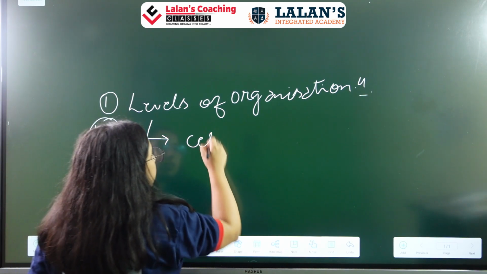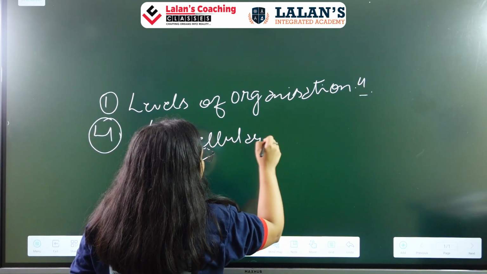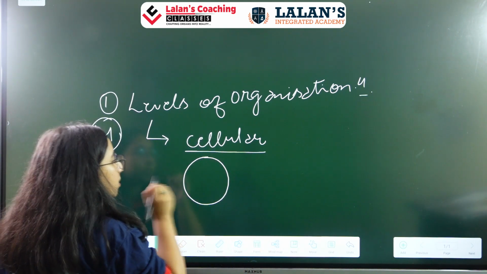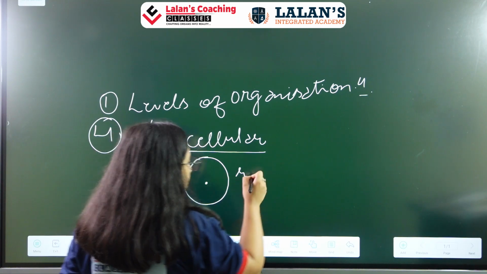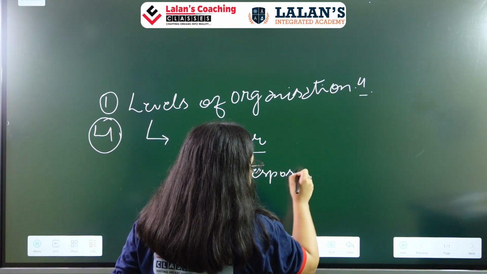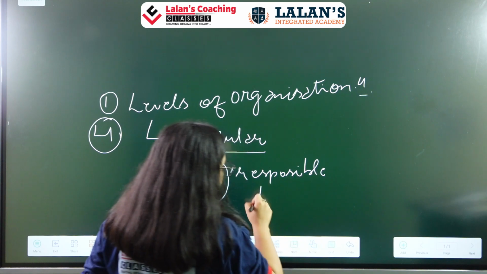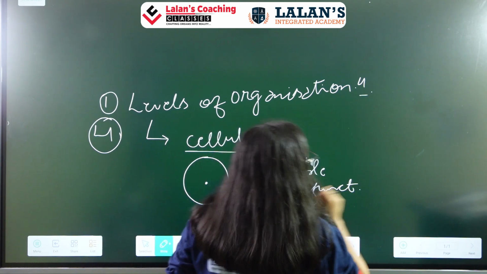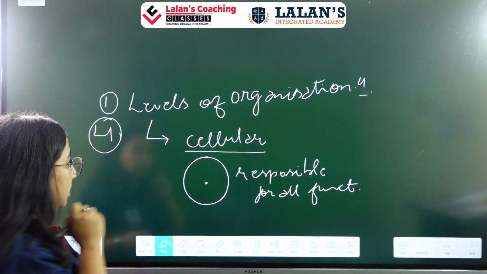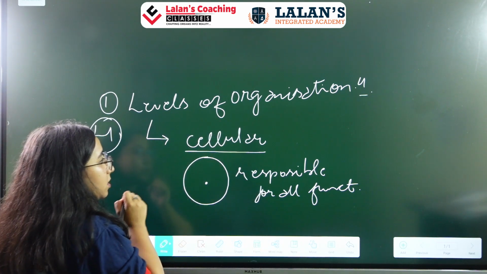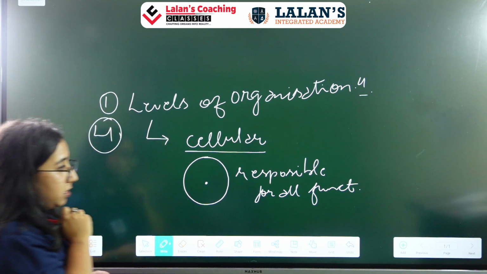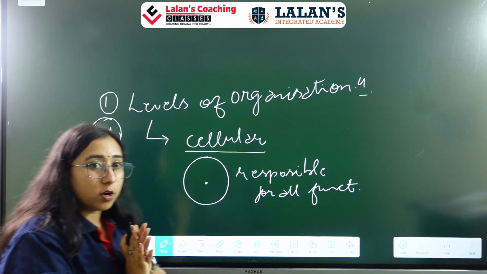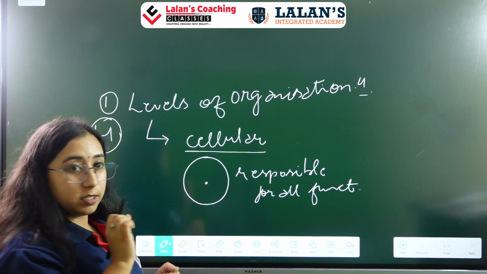The first is called the cellular level. In the cellular level, one particular cell is responsible for all functions. In animals which have a cellular level of organization, the cells will not form tissues. It will neither form organs nor organ systems.